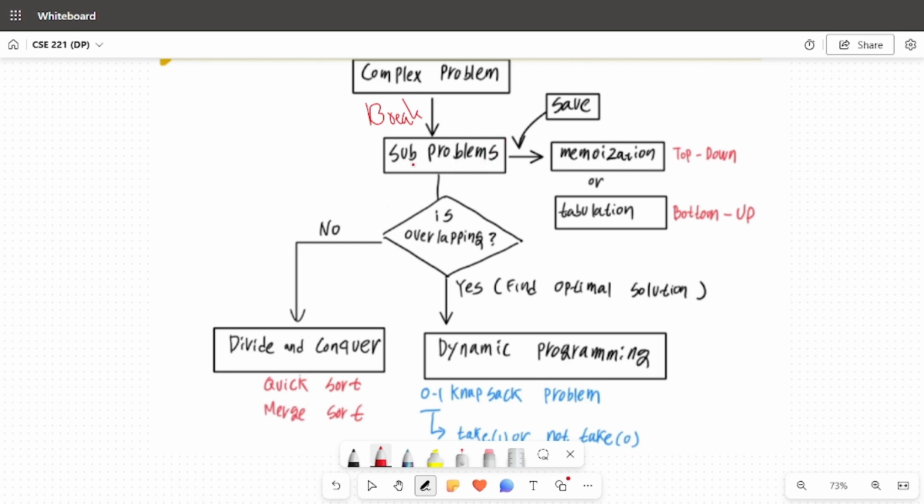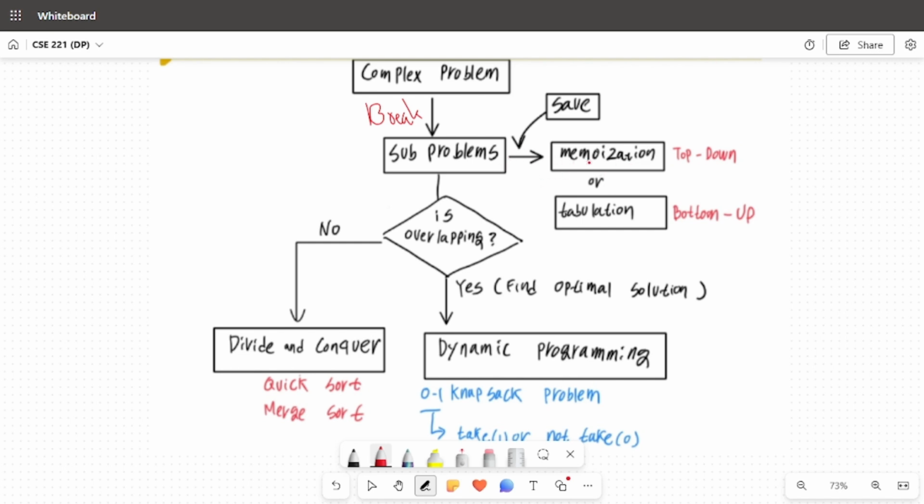When you solve these subproblems, I told you you will face some problems, right? To overcome those challenges, we have to go through 2 steps, or sometimes 3. What are those?